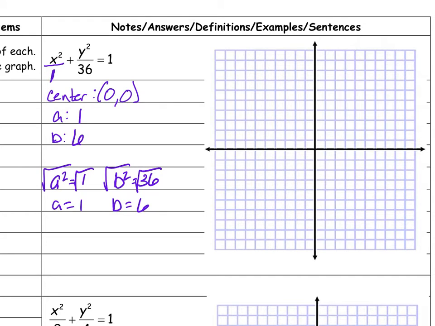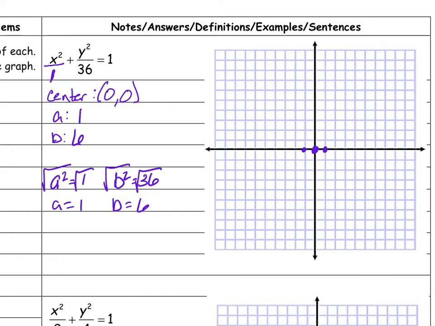So now I'm going to graph it. The easiest way for me to do that is I'm going to plot my center first, which is 0, 0. And then remember, A is my horizontal distance and B is my vertical distance. So both left and right and up and down. So A is 1, so I'm going to go 1 away on either side.